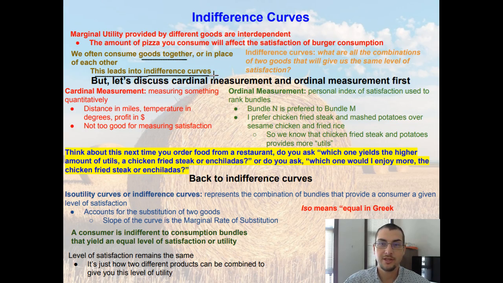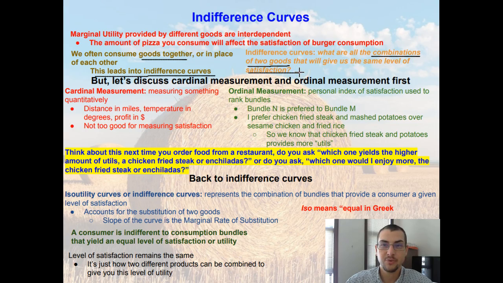So if we're looking at, are we going to eat burgers or pizza, and we're doing a trade-off between the two of them, then we look at what point we are indifferent between eating so many hamburgers versus so many slices of pizza, and what's going to give us the same amount of satisfaction. Essentially, an indifference curve shows us all the combinations of two goods that will give us the same level of satisfaction.